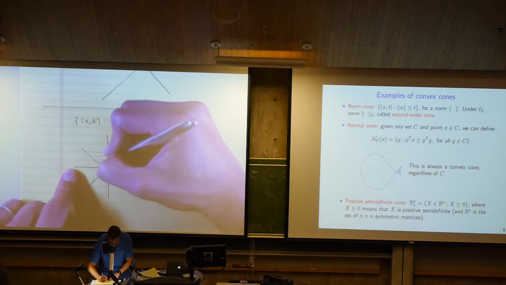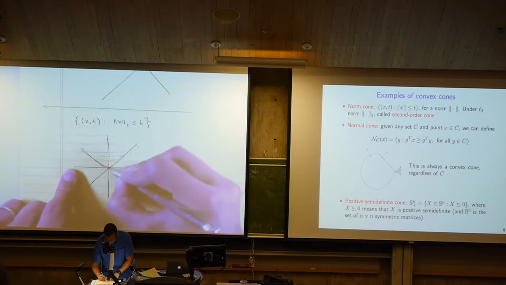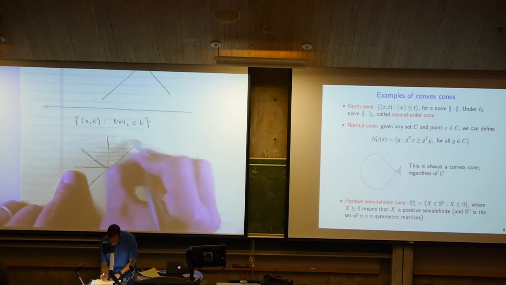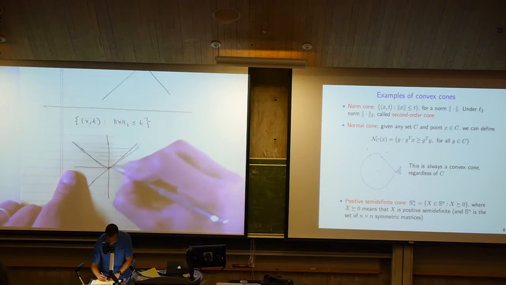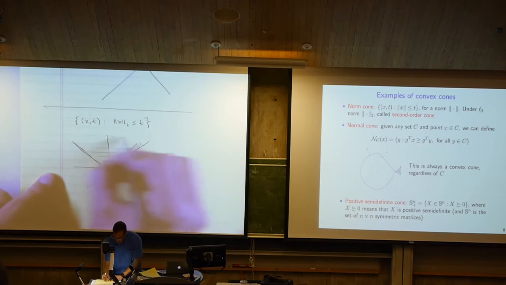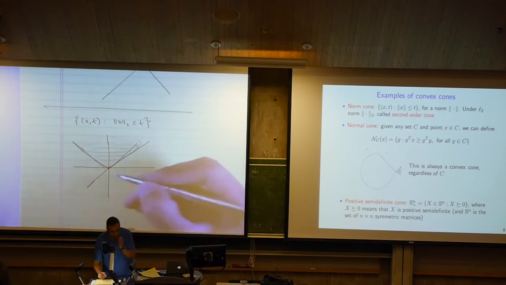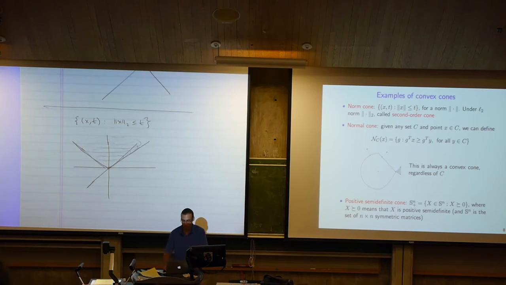So this is what this convex cone looks like. It's all of this thing, what I'm drawing, extending out from 0. So it's everything that's in here. That's the second order cone, where x is in 2 dimensions and t is, as it always is, just 1-dimensional.